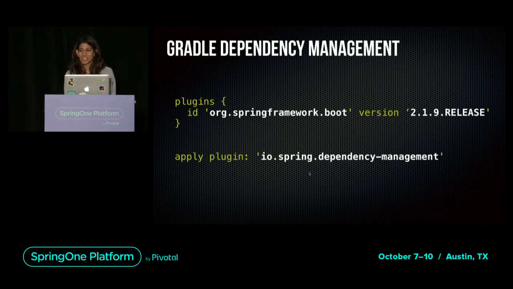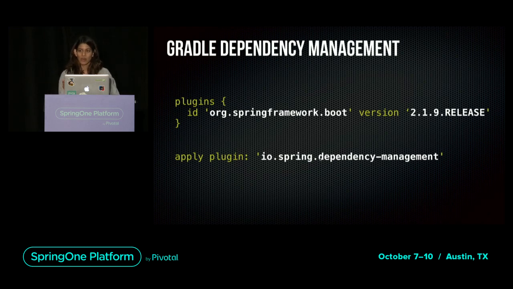So even with Gradle, you can get Maven-like dependency management features by using Spring Boot's Gradle plugin in combination with the dependency management plugin. So you can specify the version of Spring Boot that you want to use with the Gradle plugin that Spring Boot has. And the Gradle plugin was sort of rewritten in 2.0.